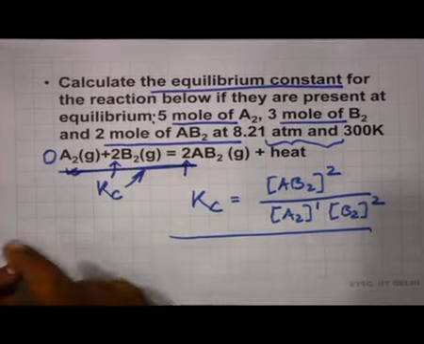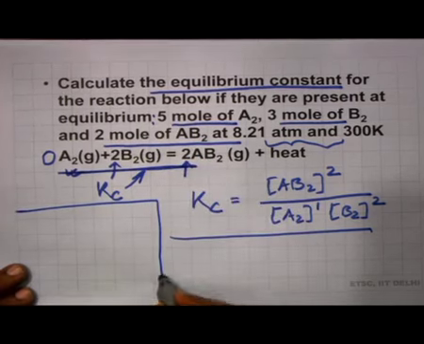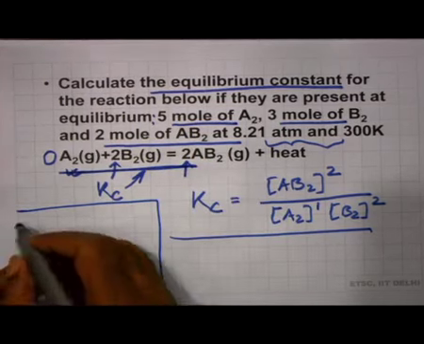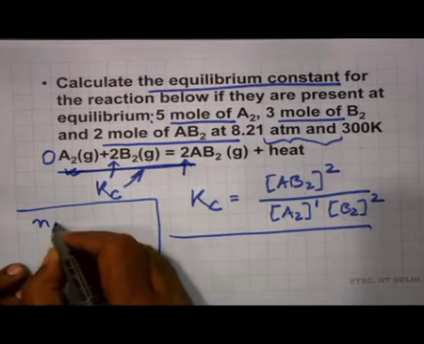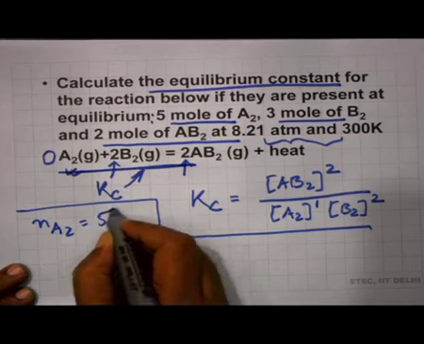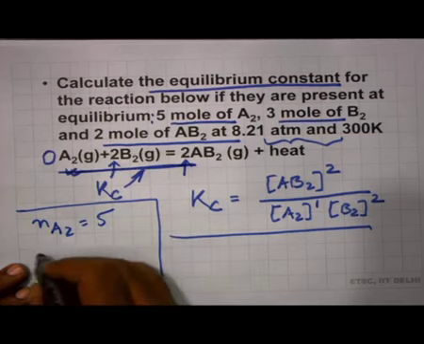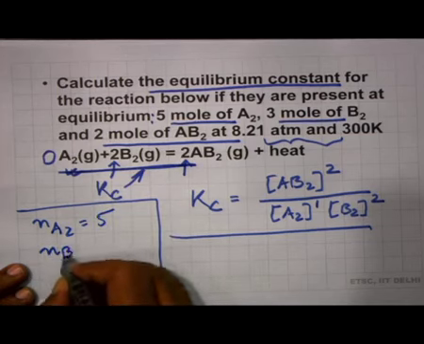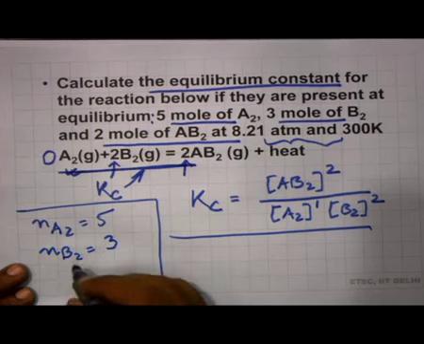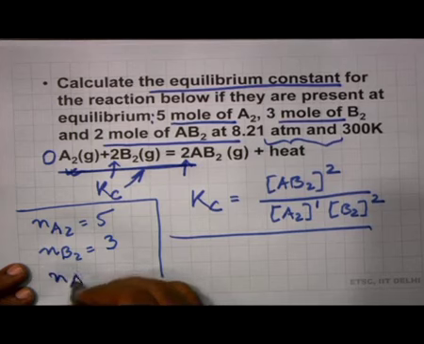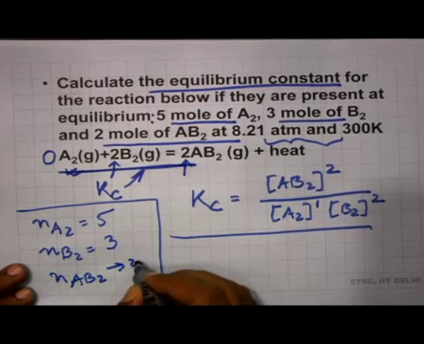Now, you see what is given to you. The thing which is given is the number of moles of A2. So, you have been given nA2 is equal to 5 mole. The other thing which is given is nB2, that is 3 mole, and nAB2 is 2 mole.